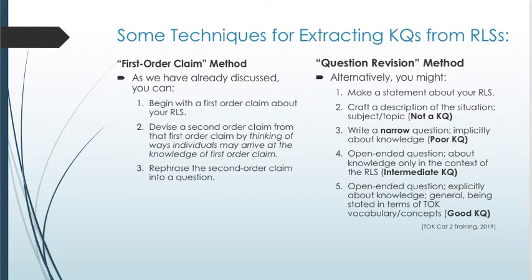Then you revise that question to be an open-ended question about knowledge only in the context of that real-life situation. And then finally, you revise that to be an open-ended question that is this time explicitly about knowledge in general, being stated in terms of TOK using TOK vocabulary and concepts.